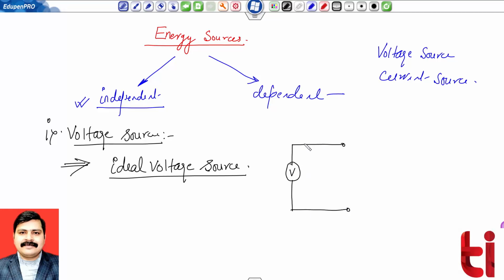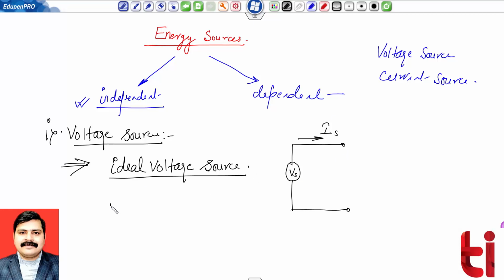Suppose this is a source and the current flowing through the source is Is. I am representing the notation Vs and Is. This voltage source is independent of this current and it does not have any resistance.